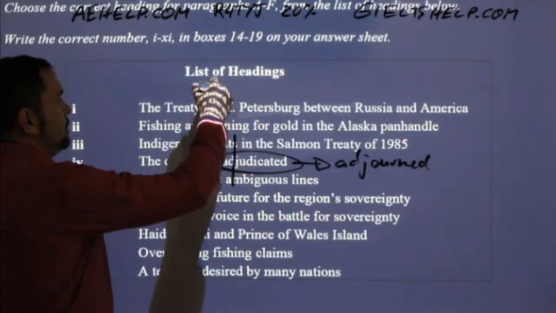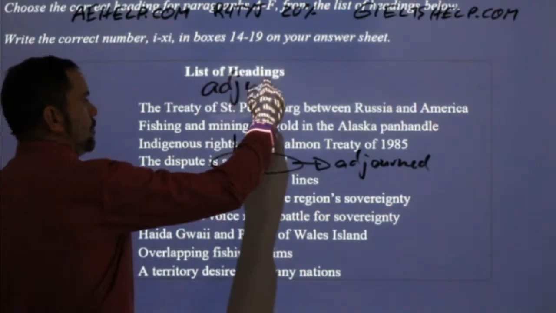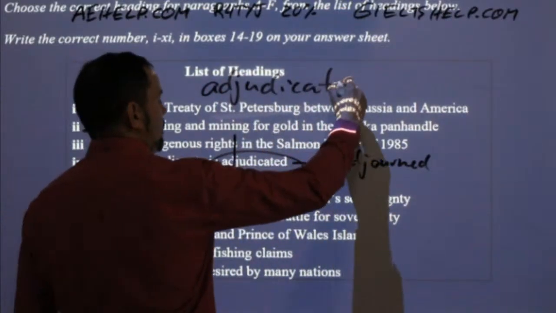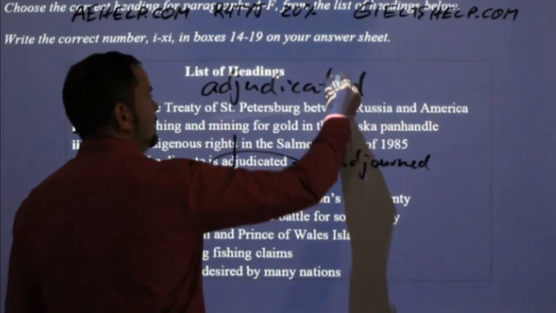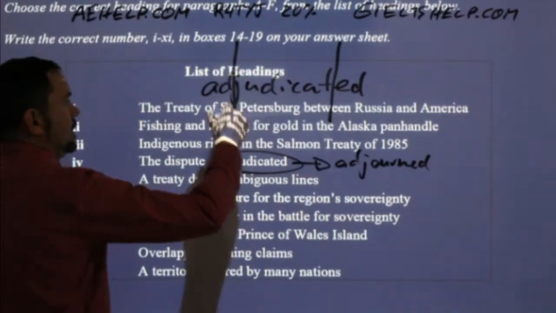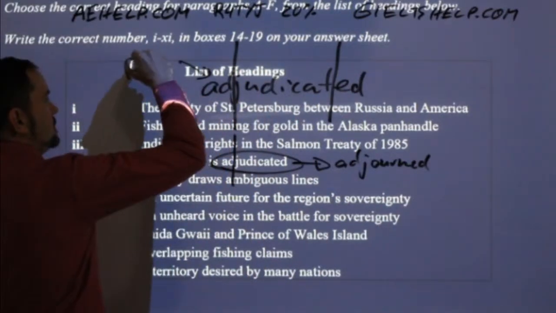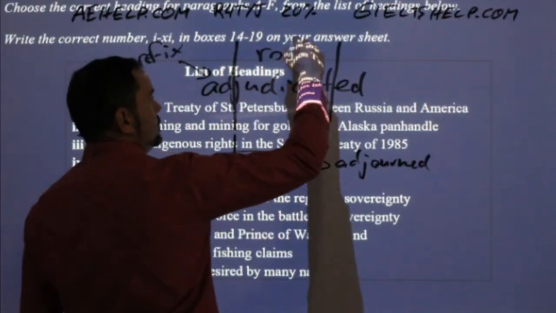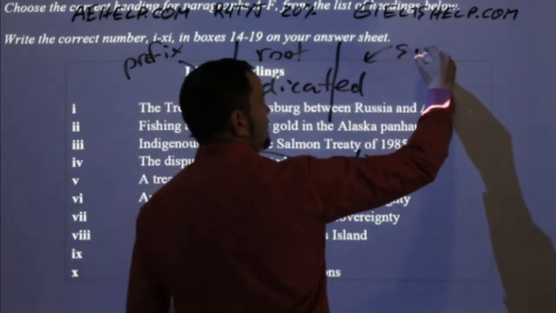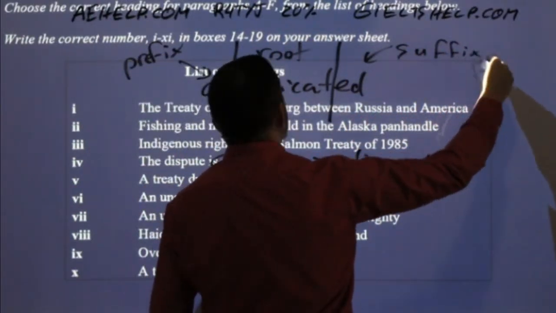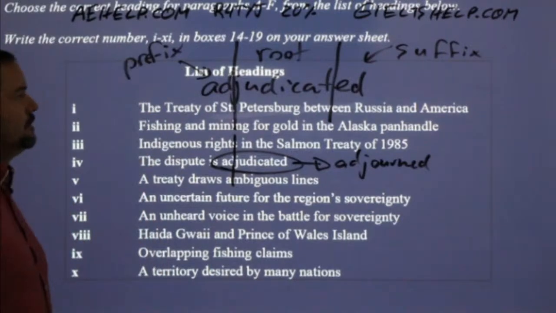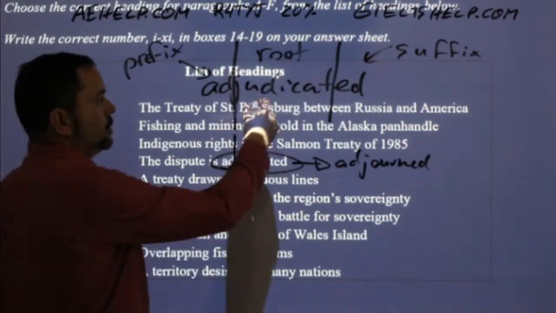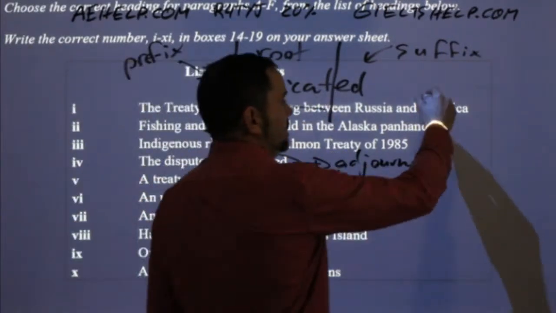So, okay, this is your prefix. This is your root, and this is your suffix. So to figure out the meaning of a word, look at the root.